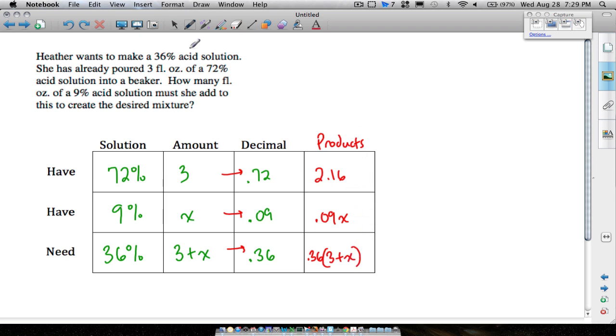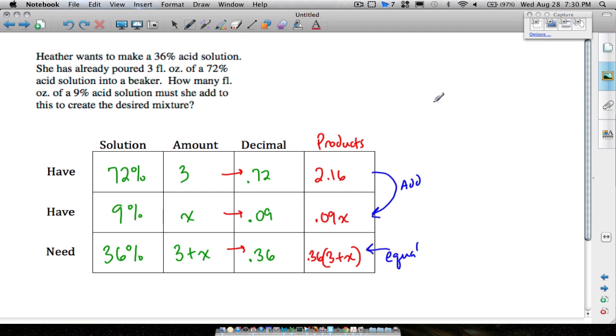And once you have these products, again, we are combining a 72% solution and a 9% solution to obtain the 36. When you combine 2 solutions together, you want to add these 2 pieces. When you combine something, you add. So again, we want to add, and we want this mixture that we add together to equal this amount right here. So let's set up that equation.